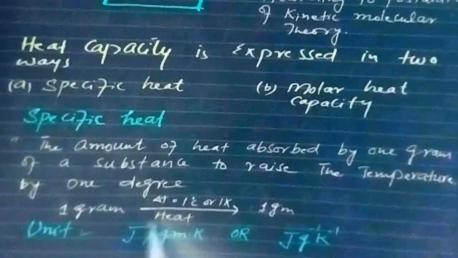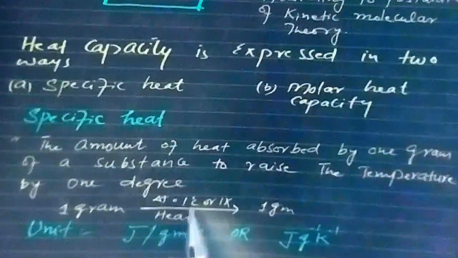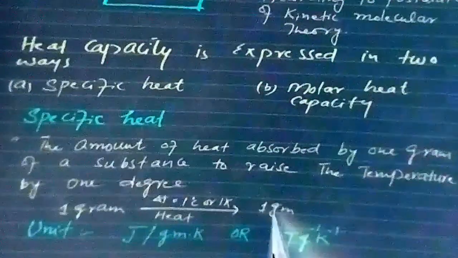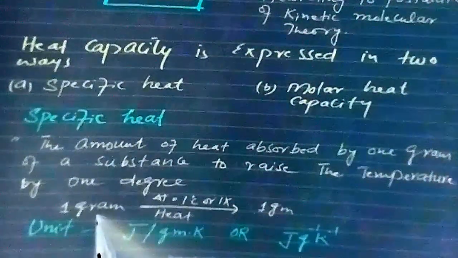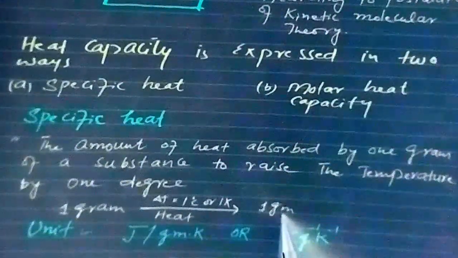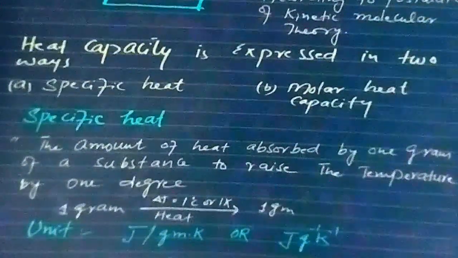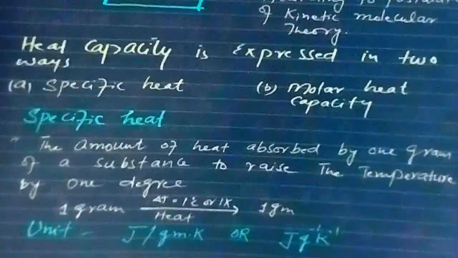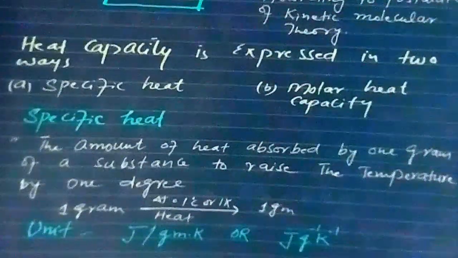It means that heat is given to the system and it changes the temperature by 1 degree, and the substance is 1 gram. For example, it goes from 14 degree centigrade to 15 degree centigrade. This 1 degree change in the temperature of the system is called specific heat. It is measured in joule per gram per Kelvin.